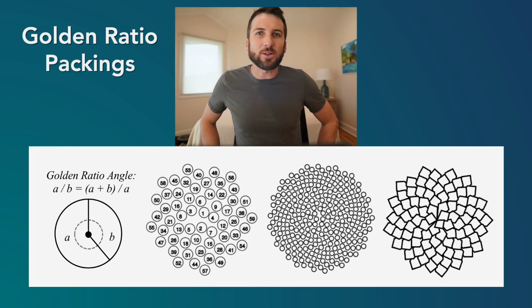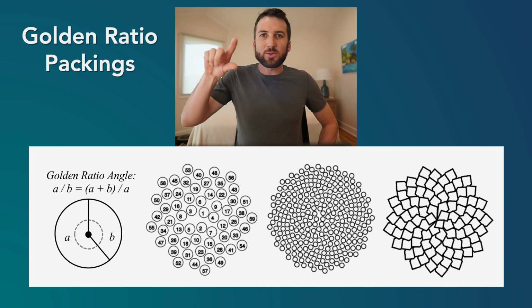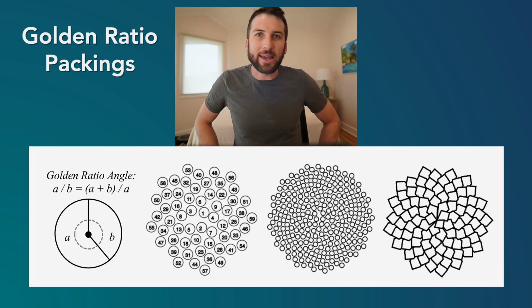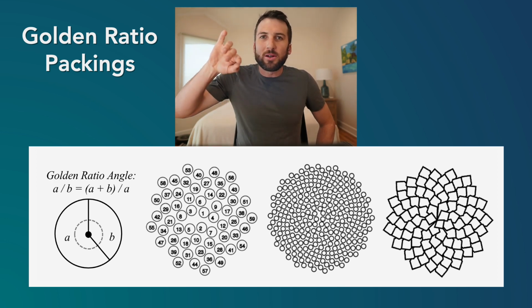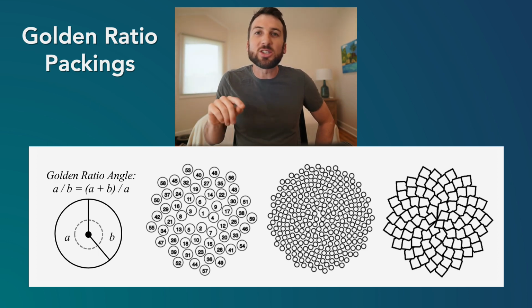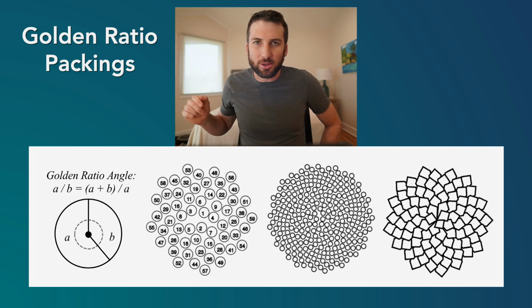Now, the golden ratio angle is taking this ratio in terms of an angular form. And you can see there's 2 angles, A and B, and these follow the golden ratio. Now, to create the circular packing we see here, it follows a very simple formula. Each number of circle rotates by the golden ratio angle, and the distance from the center is the square root of the number of that circle.